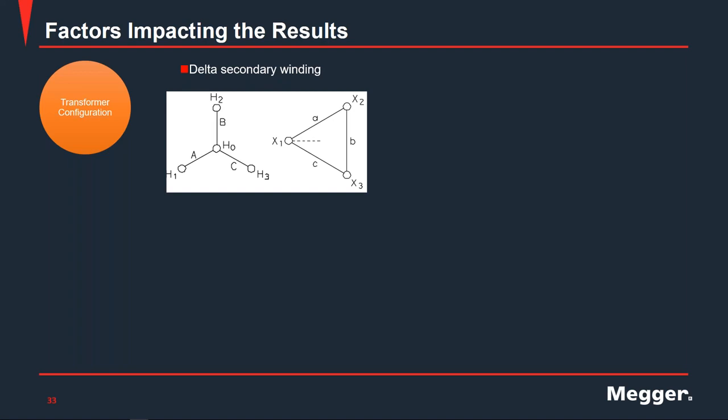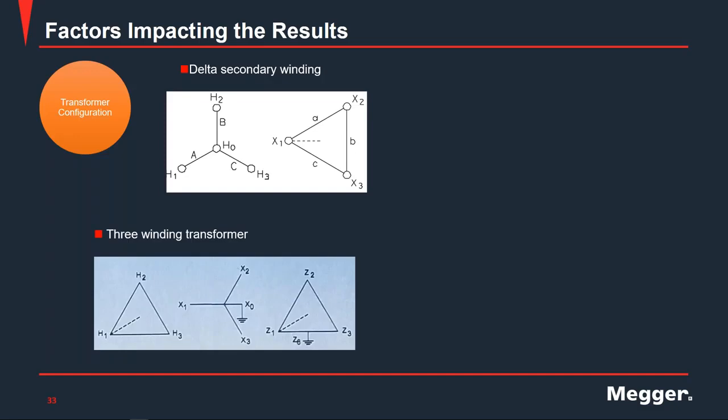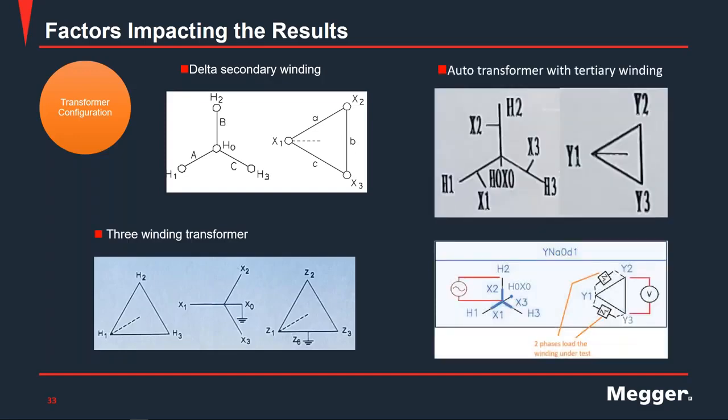So this is not only applicable to three-phase two-winding transformers, but three-winding transformers and auto transformers with tertiary will also exhibit higher percent error if you're only exciting one phase on that primary winding, leaving the other two phases unexcited, which will load down the transformer.